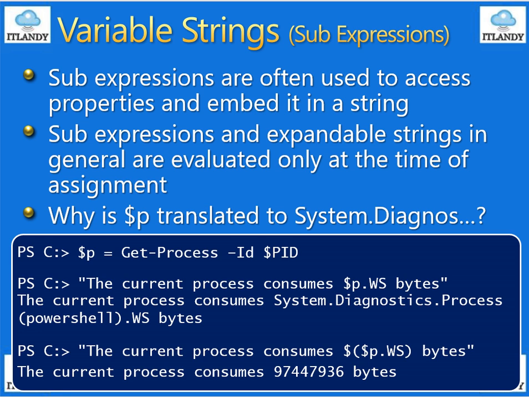One thing to note when dealing with expandable strings and sub-expressions is that the string is evaluated at the time of the assignment. This means that any values in the expression or string are set only once, then simply printed out whenever referred to. This may require the string to be reassigned for dynamic behavior.